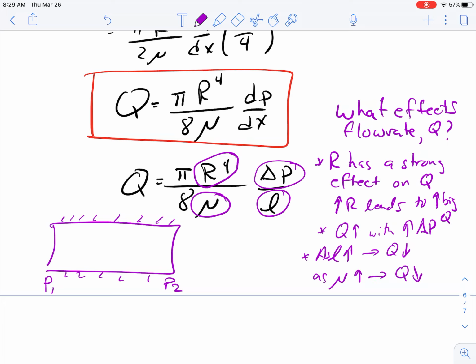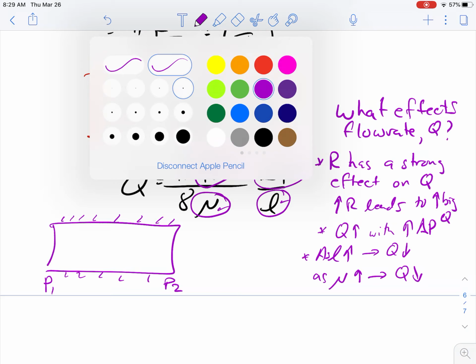So this is a nice example of how flow rate is affected by these critical parameters: the radius, the pressure drop, the length, and the viscosity. This is actually quite important, and I'd like you to remember that for probably a quiz that I'll try to give you relatively soon.